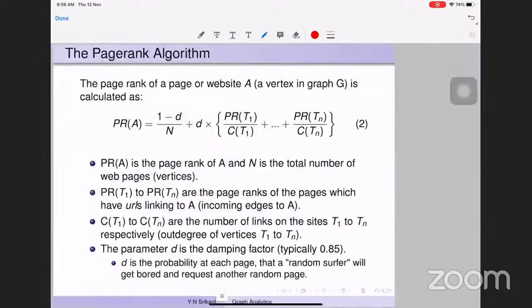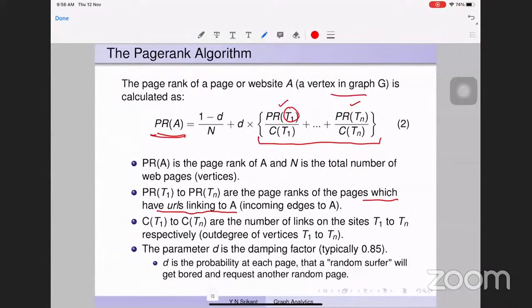So PR(A) is the page rank of A, and N is the total number of web pages. PR(T1) to PR(Tn) are the page ranks of the pages which have URLs linking to A, incoming edges to A. And then we have C(T1) to C(Tn). These are the out degrees of vertices T1 to Tn. That's very important. And what do they represent?